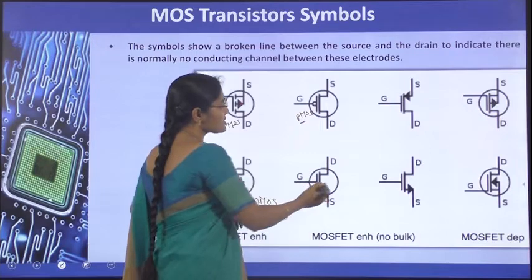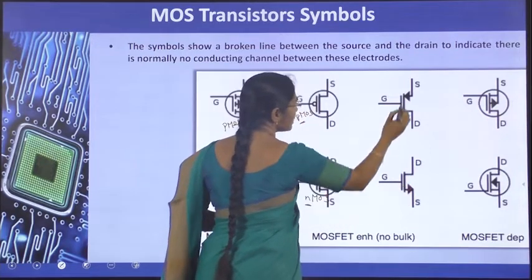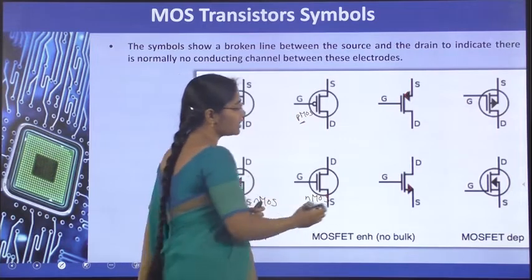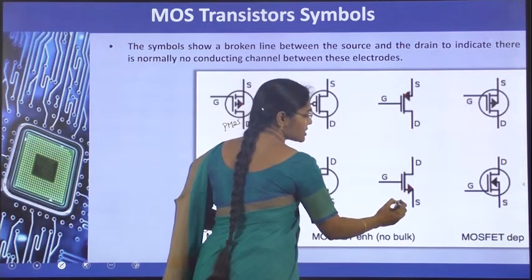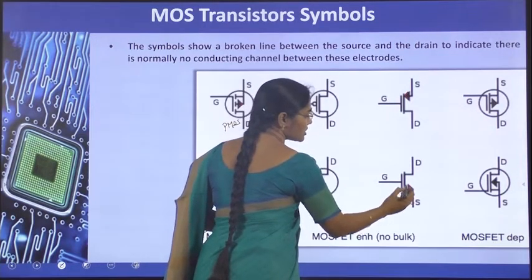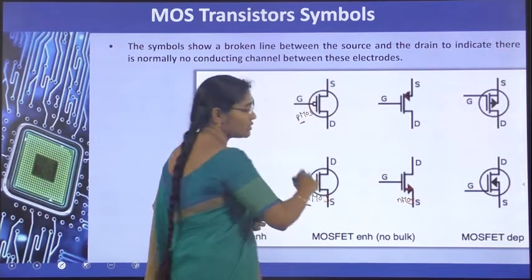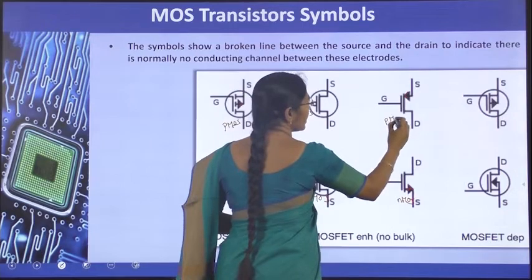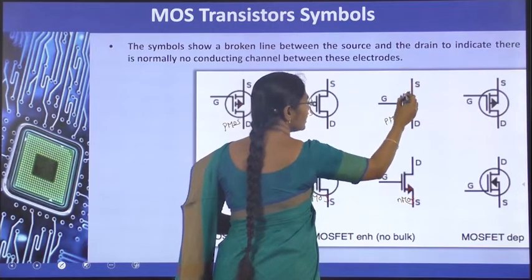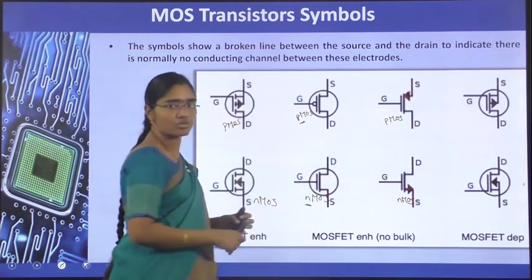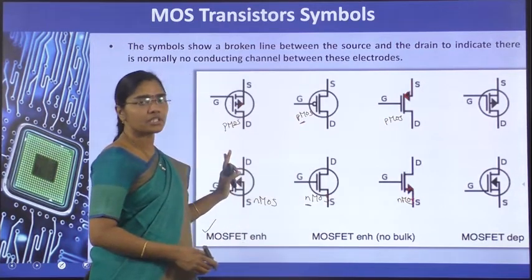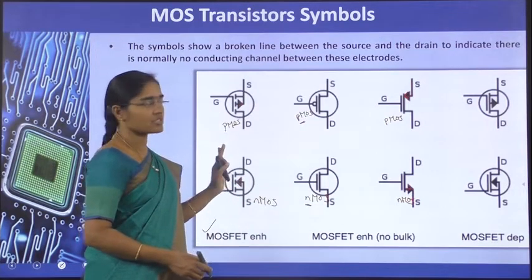Then the next set represents only 3 terminals with current direction on the source terminal. So this is the NMOS. In this, current is flowing from the channel to the source outside, and this is the PMOS where the current is entering into the channel from the source. All these three sets are representing the enhancement mode transistors.